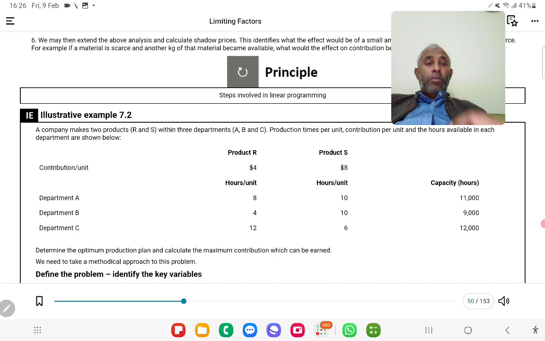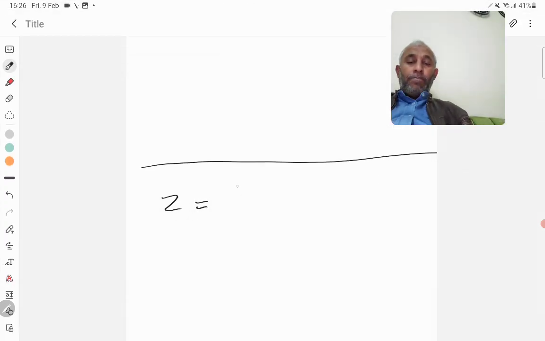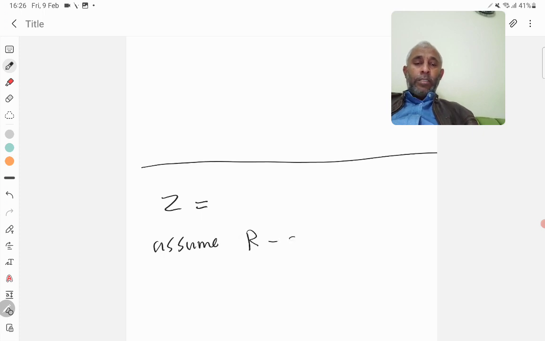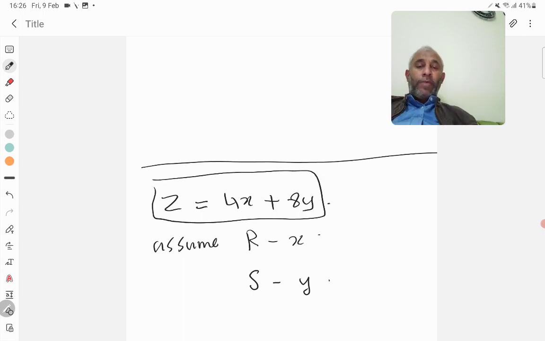It is the total contribution you would generate after knowing how many units of product R and how many units of product S will be produced. If I assume product R is x and product S is y, my equation will be 4x + 8y. This is my objective function. That is step number 1.